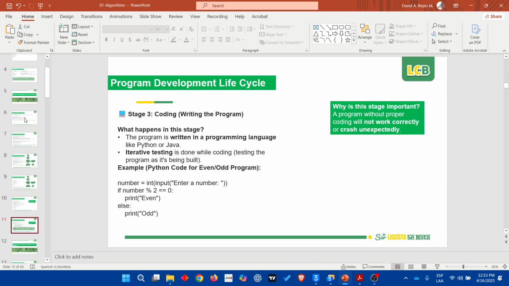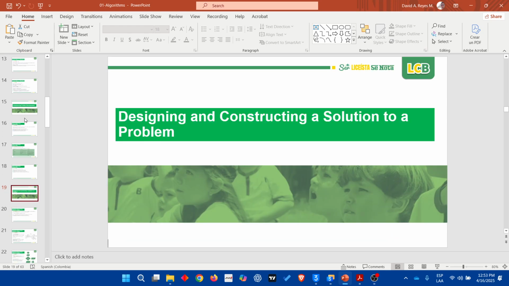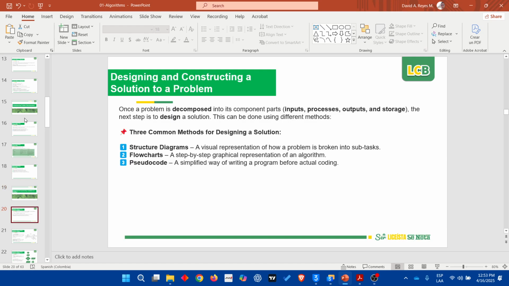Okay, so let's come down here. Designing and constructing a solution to a problem. So that means that you are going to start designing structure diagrams, that is a visual representation of how a problem is broken into subtasks, flowcharts, and pseudocode.